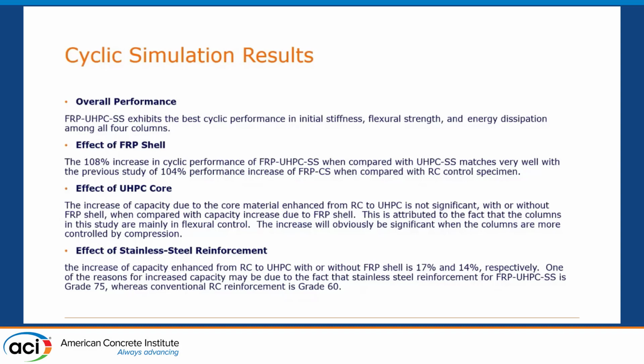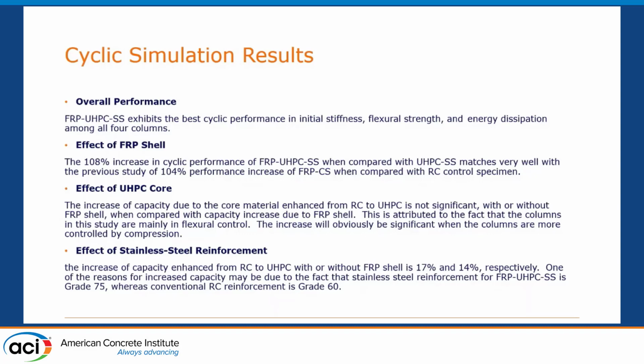And now here comes the question of whether we are using UHPC or not. We see that the increase is only 17% and 14%, and this is attributed to the fact that this column is a flexural control specimen. So a flexural control specimen is contributed to by the FRP tube in flexure.